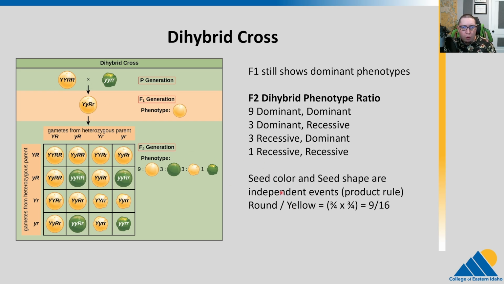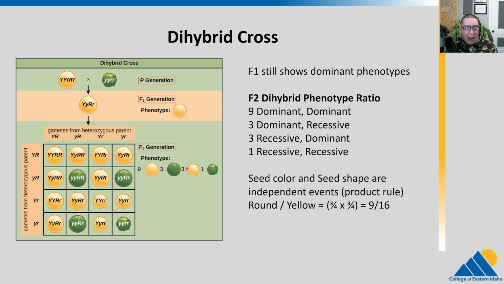Well, for round, we know it's dominant, so there's a 3/4 probability of that. And using the product rule, we multiply that by a 3/4 chance of getting a yellow seed color, which is also dominant. So we end up with 9/16. I think you will find that that is what we observed counting out the Punnett square. So essentially, it's two 3-to-1 ratios intermixed in there.